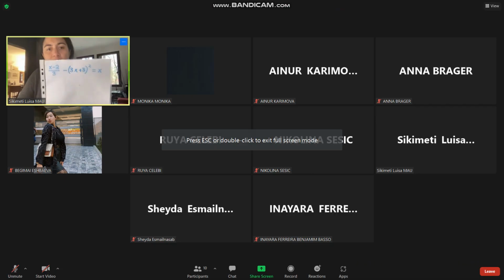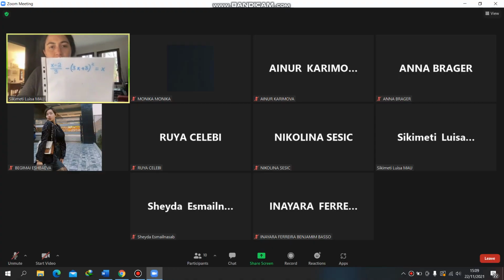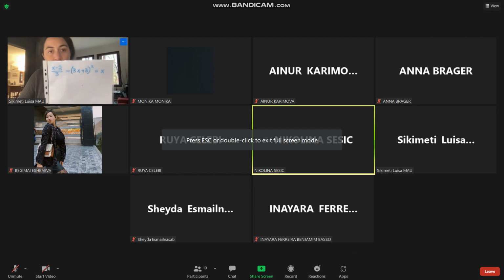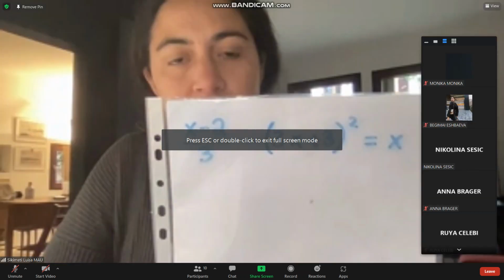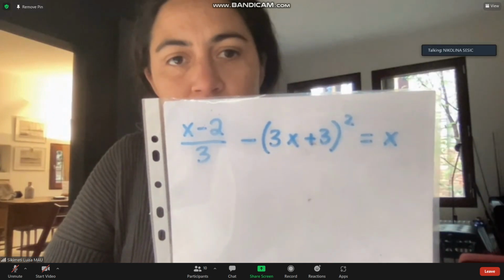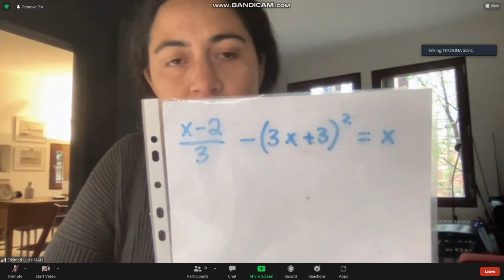To solve this equation, what did you try to do? To square everything in the bracket, to move everything to the same side. Yeah. To be equal to 0, but yes. Wouldn't get the results which was written. Okay.